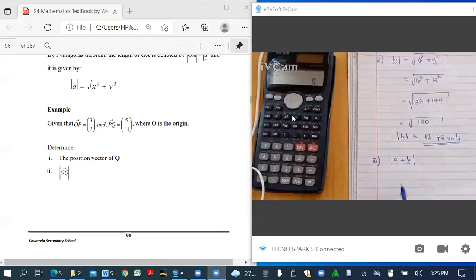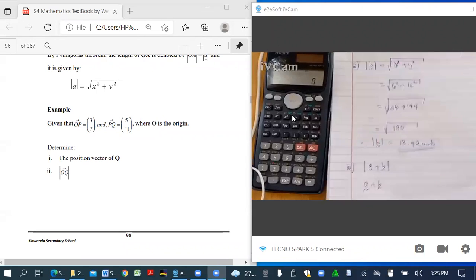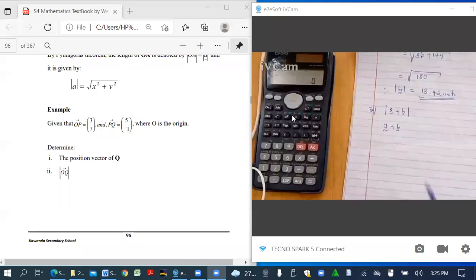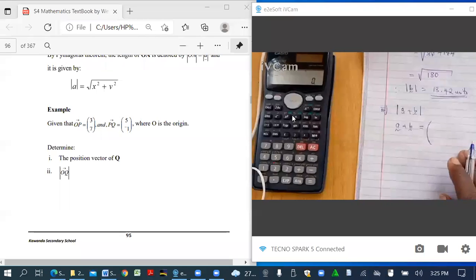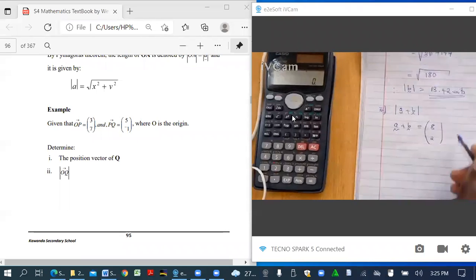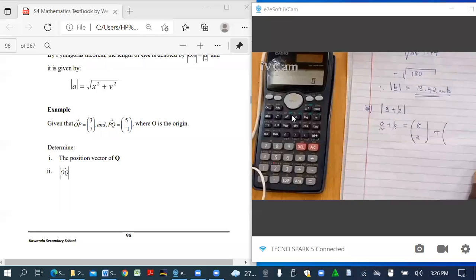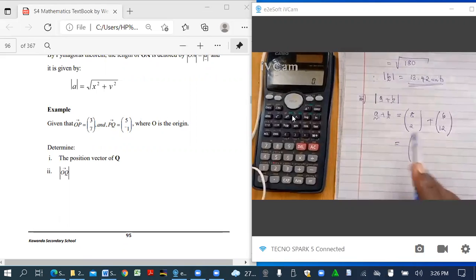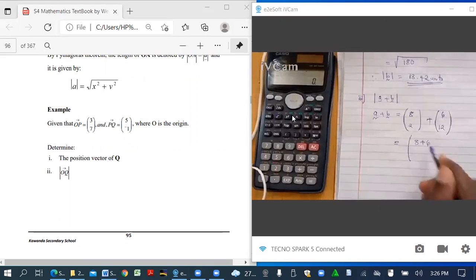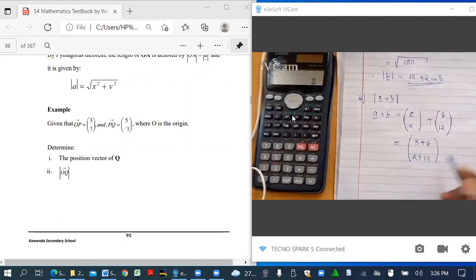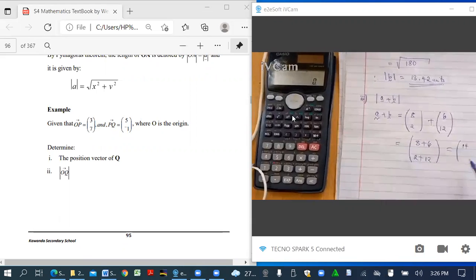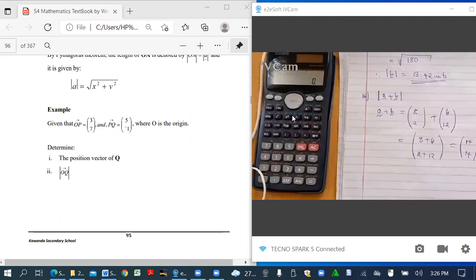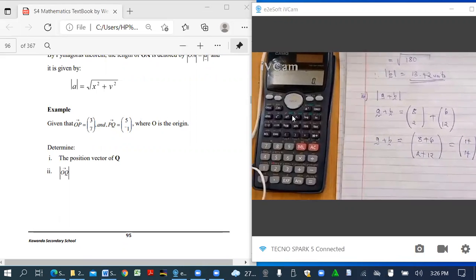The first thing we have to get is vector A plus vector B. That is 8 and 2 plus 6 and 12. So 8 plus 6 is 14, and 2 plus 12 is 14. Can you get for me the magnitude now?